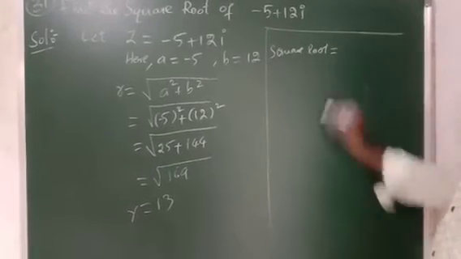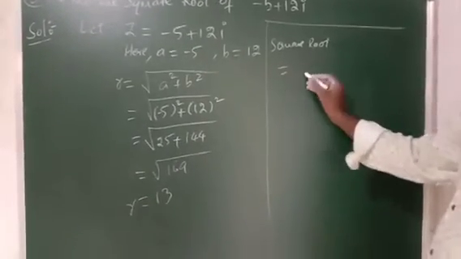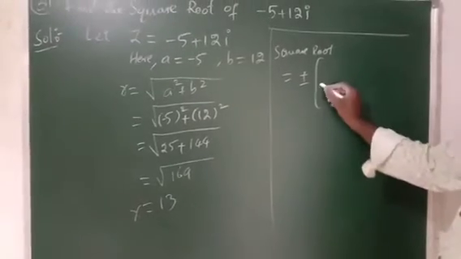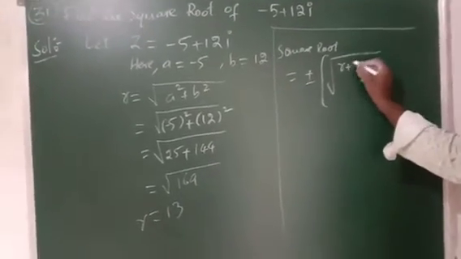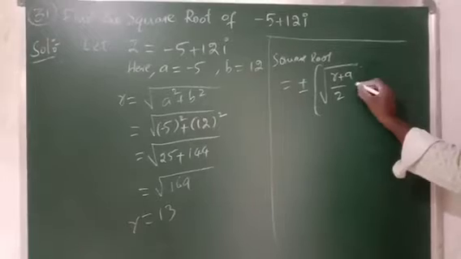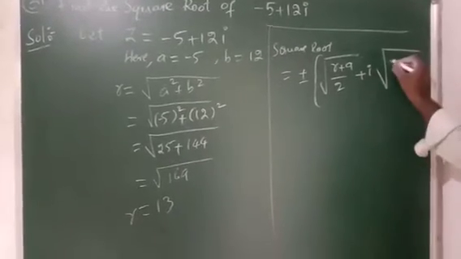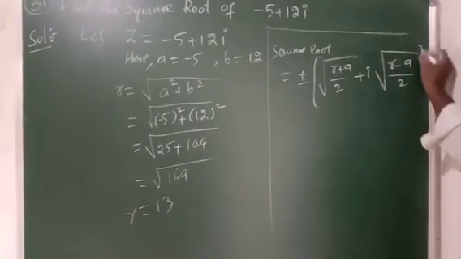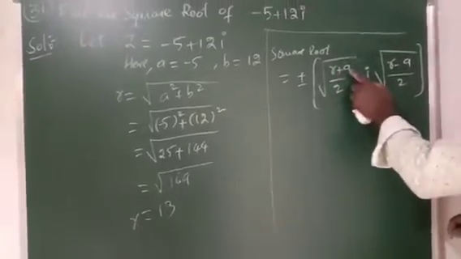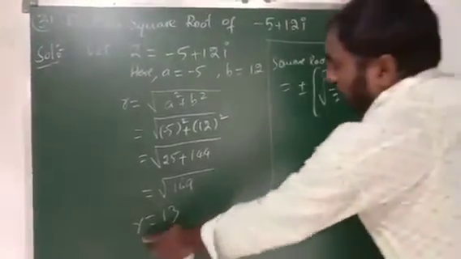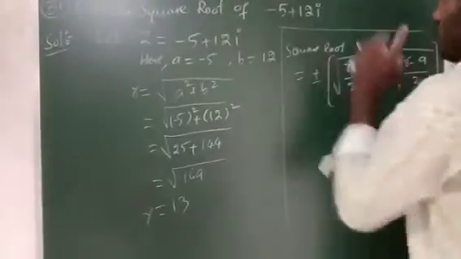So now the square root formula: square root equals plus or minus [under root of (r plus a) by 2 plus i into under root of (r minus a) by 2]. Now substitute these r and a values here. R value is 13 and a value is minus 5.